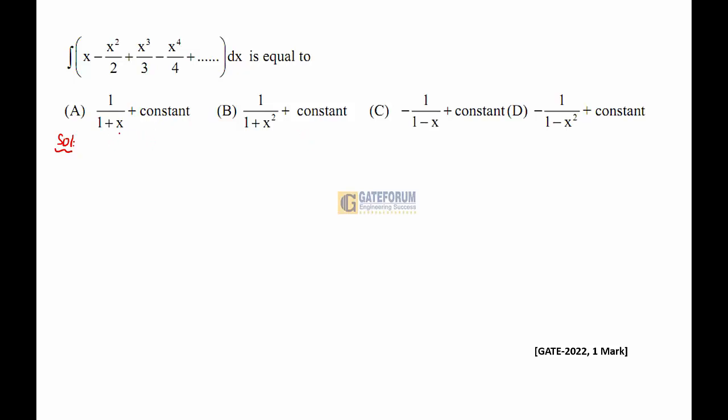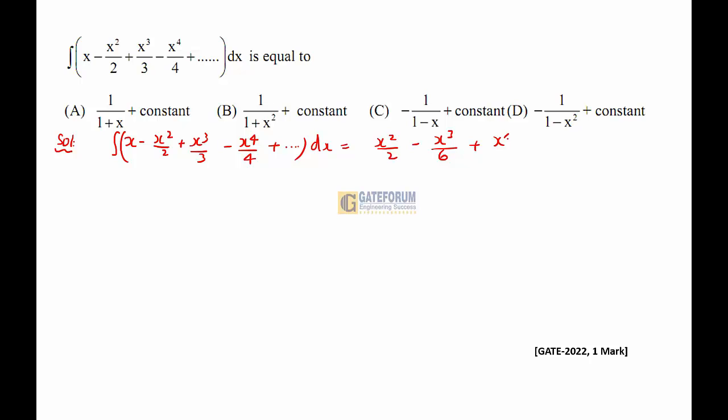So first, integral x minus x square by 2 plus x cube by 3 minus x power 4 by 4 plus etc. dx. X integration is x square by 2 minus x square integration x cube by 3, that is simplify 6.